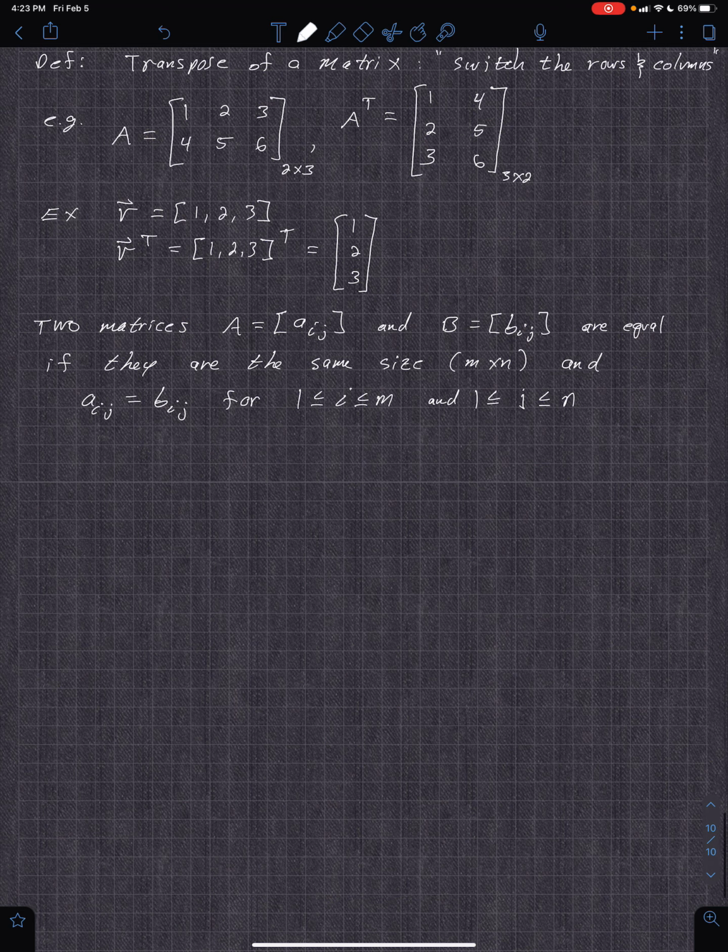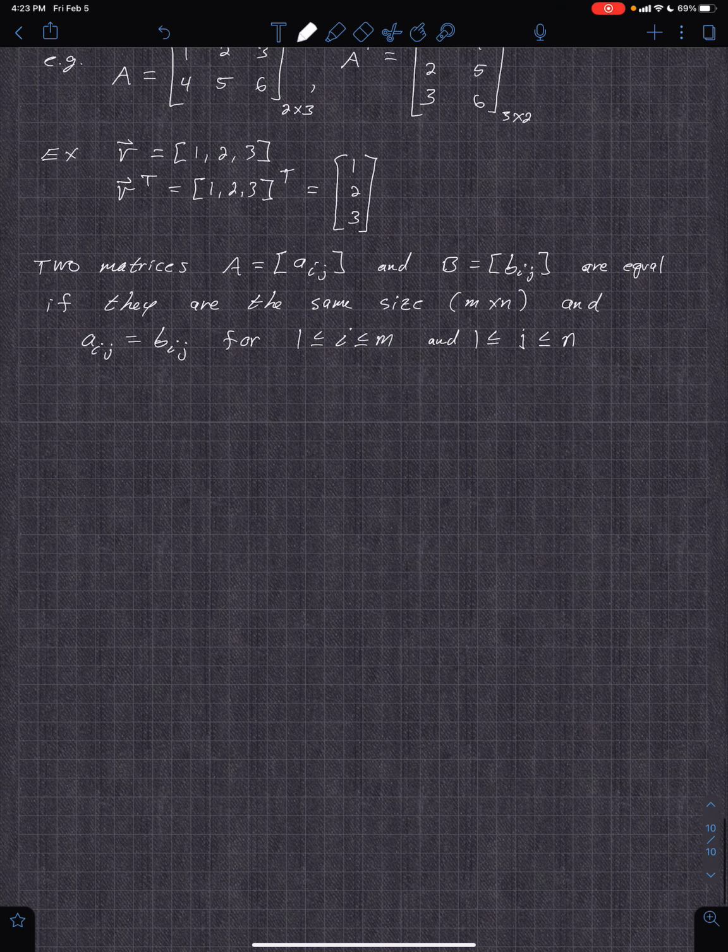Okay, moving on. Definition of addition. I could probably fit it there. We'll just go to the next page. So addition of matrices. So definition, matrix addition.